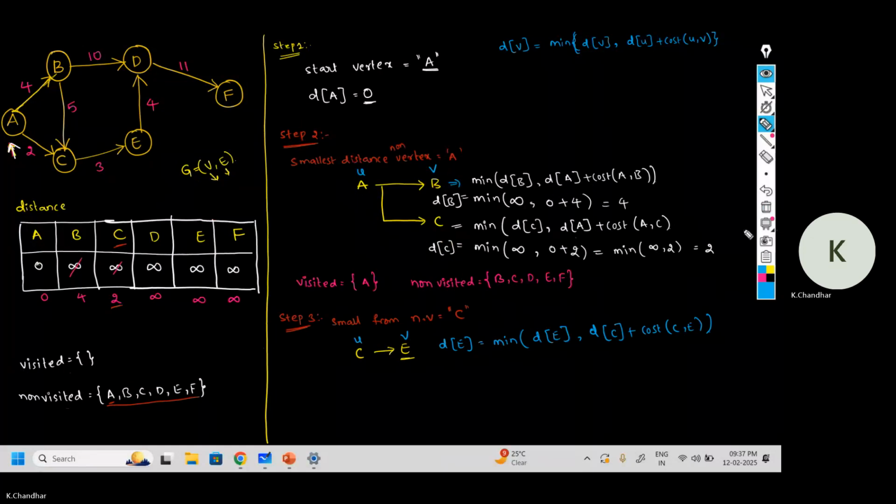So let us see what values we will get. Minimum value. What is the distance at E? Distance at E right now is infinite. What is the distance at C? Which is 2, plus cost between C comma E is 3.